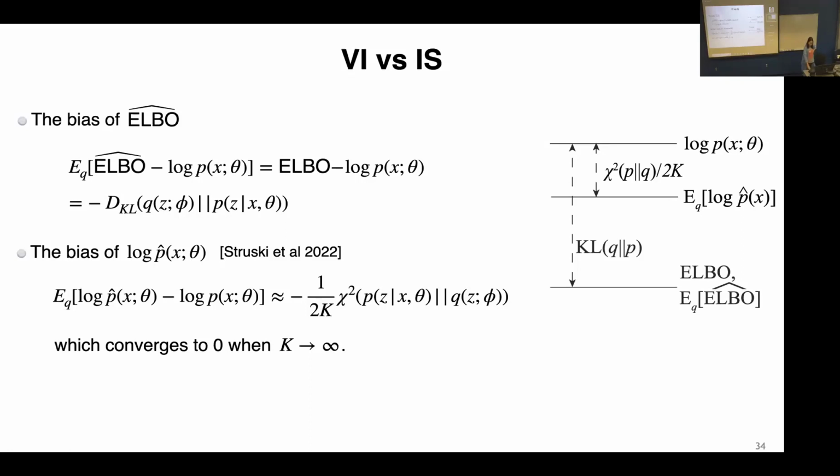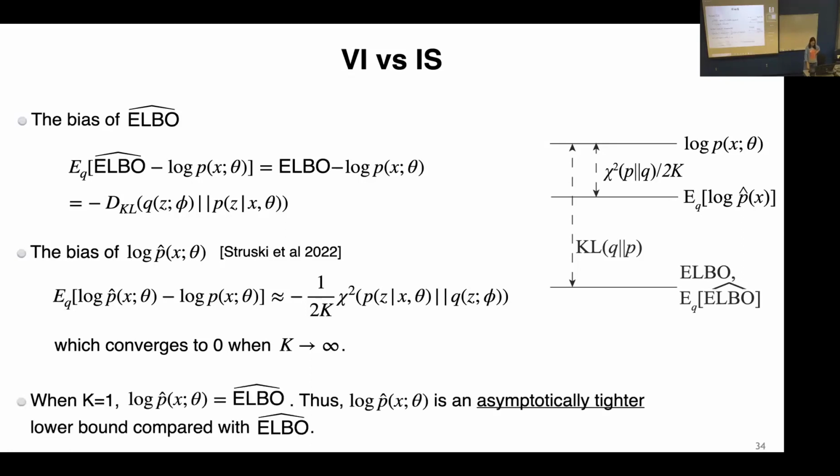That's why we claim it's asymptotically a tighter bound. Because when K is equal to 1, log p hat is equal to ELBO hat. But when K increases, log p hat will converge to log p rather than always staying down here. So that's why log p hat is a better, tighter bound compared with ELBO.